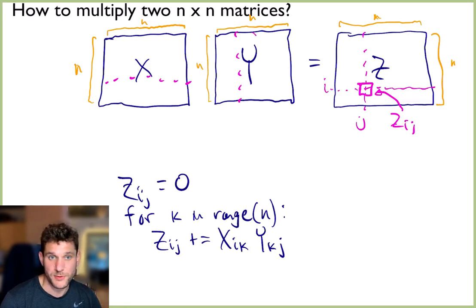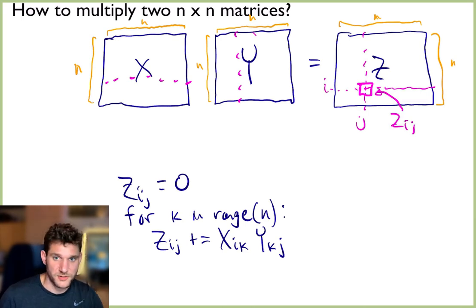We take the dot product between that row and that column, and that's what gets entered into zij. So you'll see here I'm computing that by doing zij starts out as 0, and then for every k in the range of n, we add to zij xik times ykj. That's a way to compute the dot product between this row and this column.